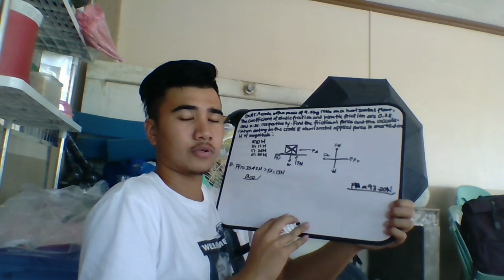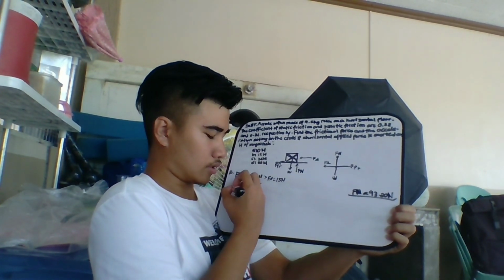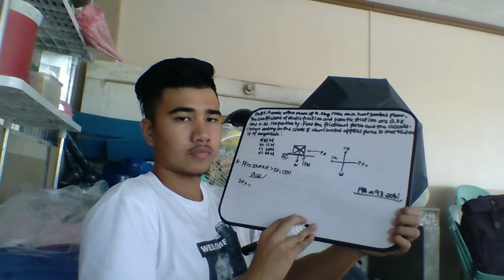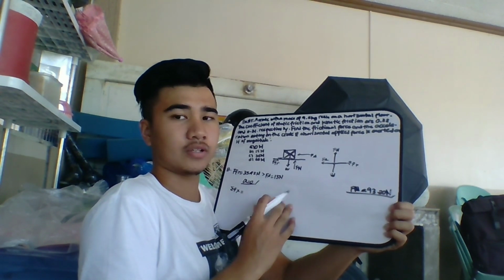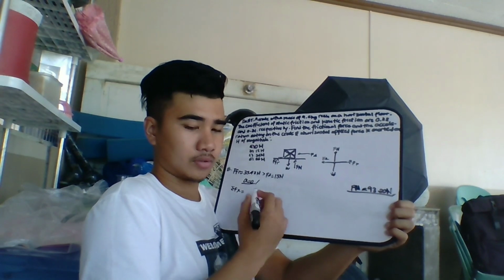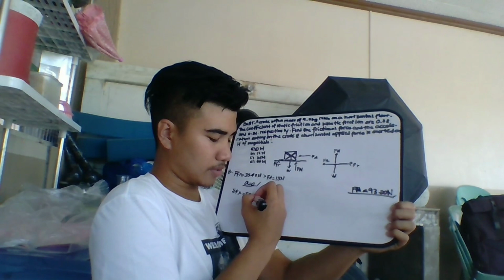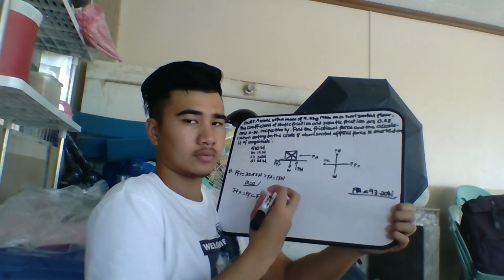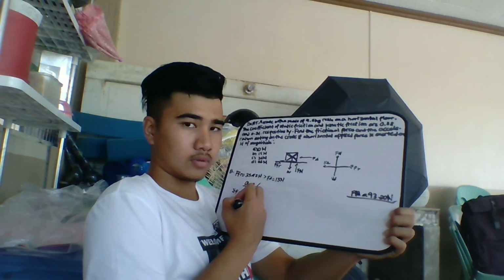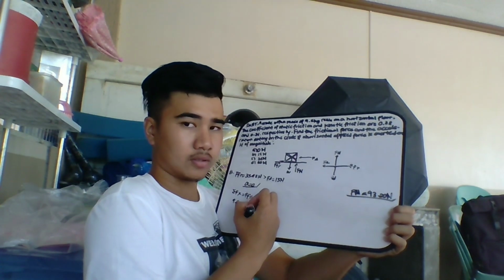And again, to solve for the force of friction, summation of forces at x ulit. Dahil by second law of motion, 0 pa din yung ating net force, and this is force of friction minus force applied. Force of friction is equal, force applied natin na 15 Newton.